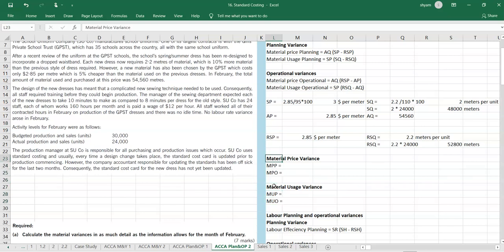So we have all the variances here. So we'll work out quickly. I think here also we'll put similar headings.